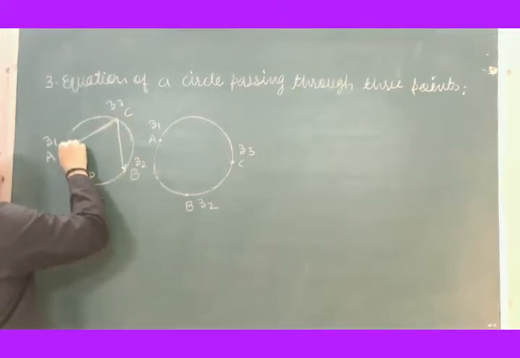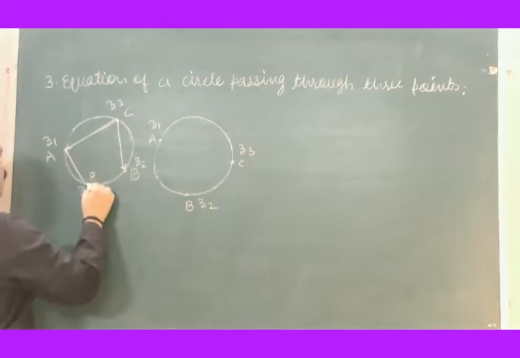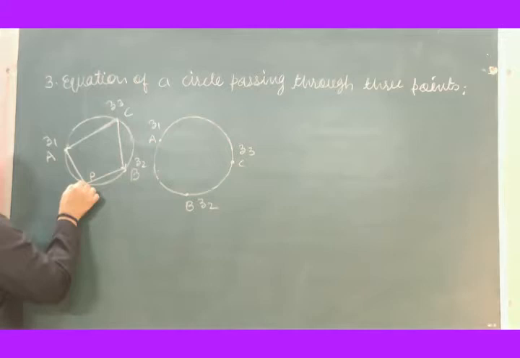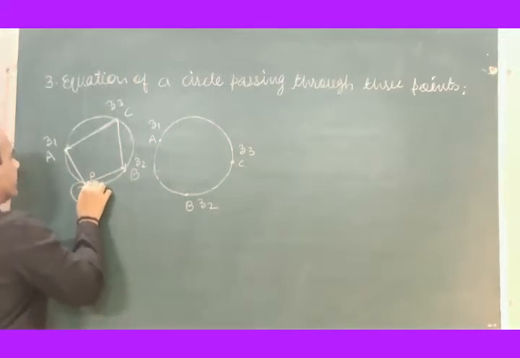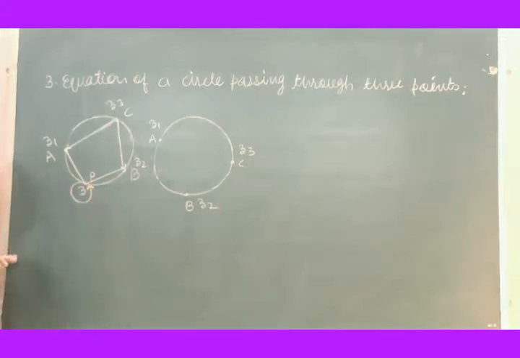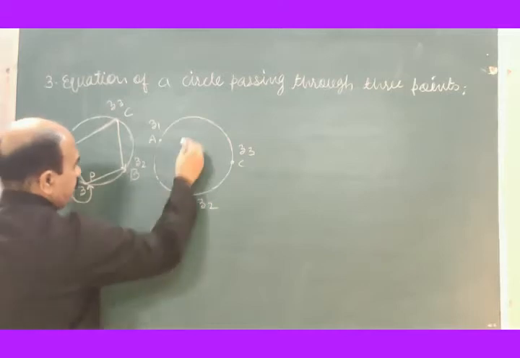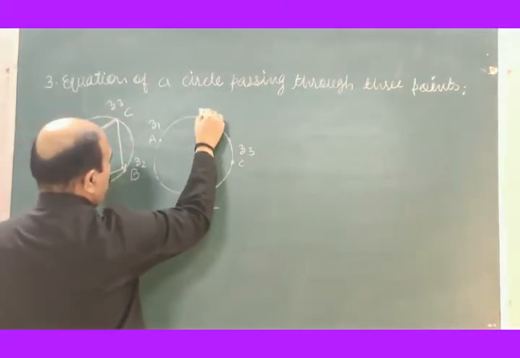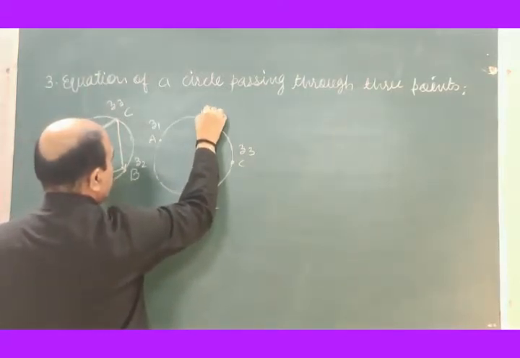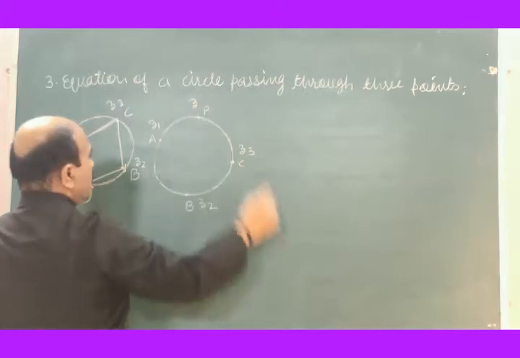Similarly, connect here, the angle subtended is this way. Similarly, connect here one more point P represented by complex number Z.